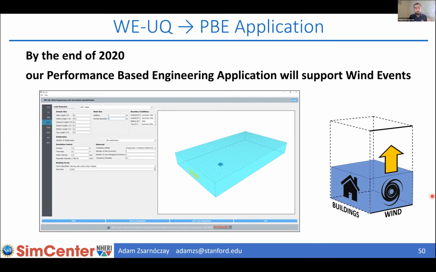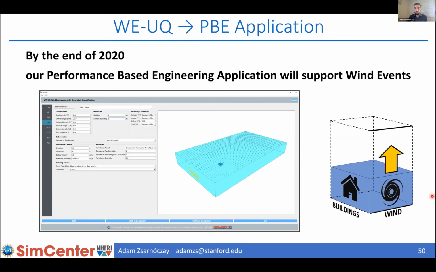And that application already provides you the capability to run a particular wind event and see how it affects a structure in terms of the response. So you can get, say, the pressure at different places in the structure. This will be complemented with the PELICUN-based damage and loss assessment in the performance-based engineering application.